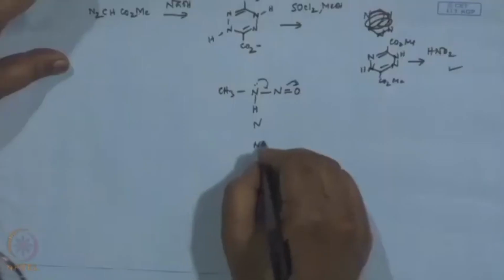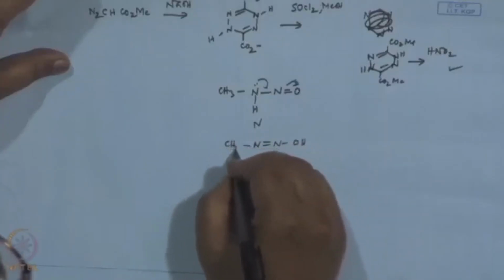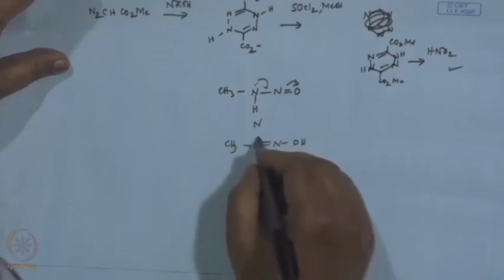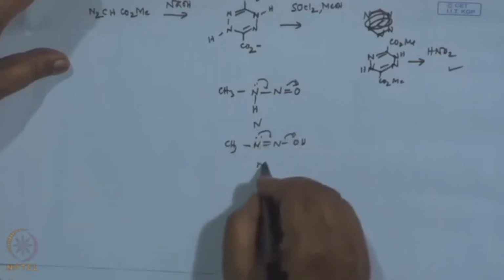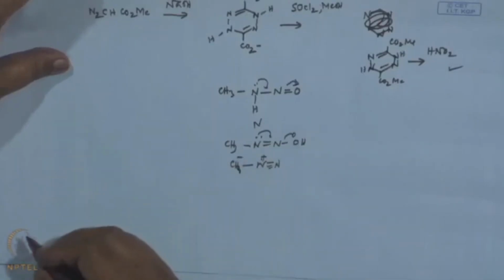Then you get this nitrogen, OH and CH3. Then it goes further, so you get this one. Once you have this, automatically this OH abstracts the proton and you get diazomethane.